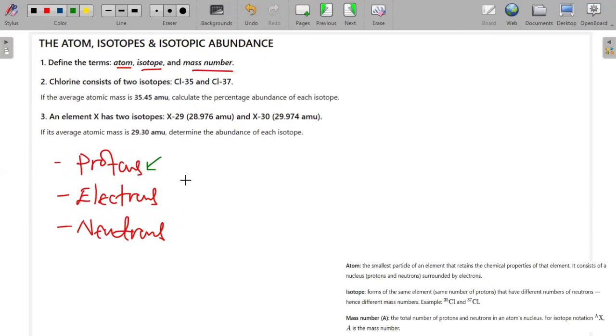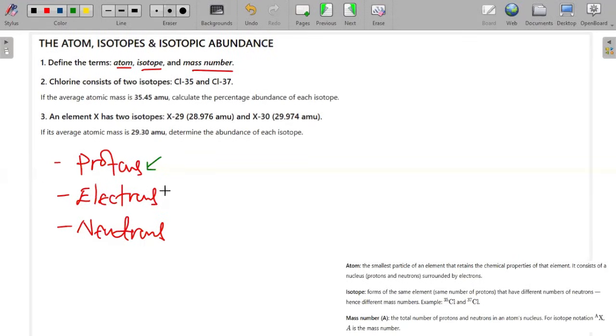Each element that you can think of has a unique proton number. Oxygen is oxygen because its proton number is 8. You will never find any other atom on the periodic table that has the proton number 8. So the number of protons gives the identity to that atom.